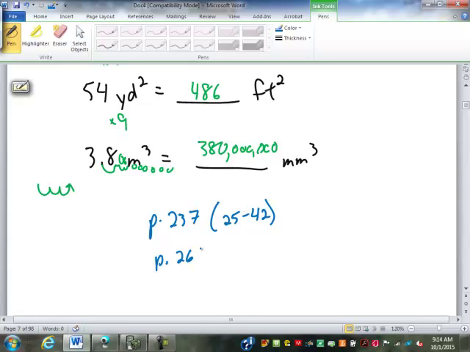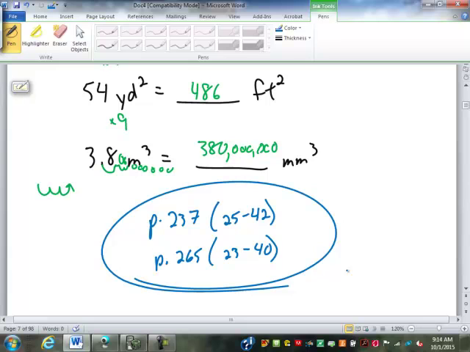And on page 265, 23 through 40. I'll give you guys the last 5 minutes to do a good jump start on that.